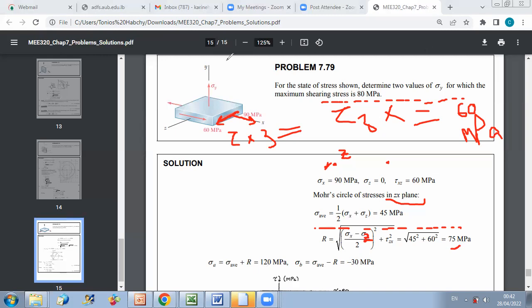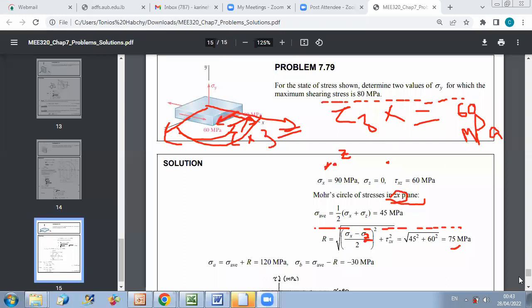So now to plot the circle, in general, when we take a plane, we take rotation in the positive direction, counterclockwise. So here I will take plane ZX, since I'm rotating from Z to X counterclockwise. This is why we say we deal with the X plane.